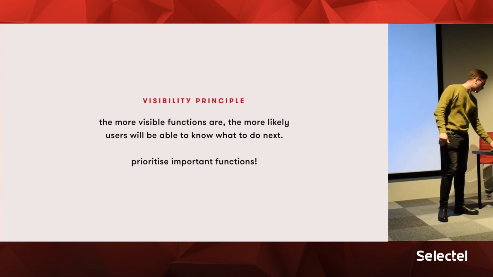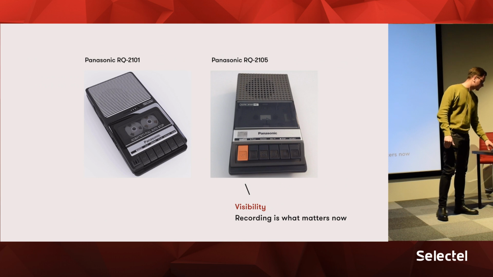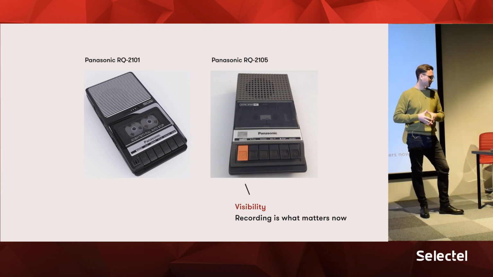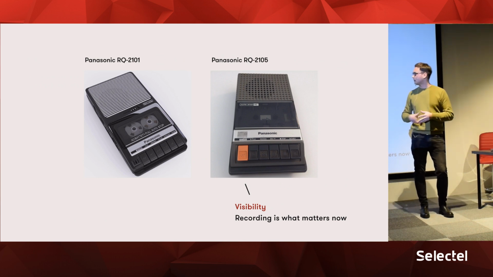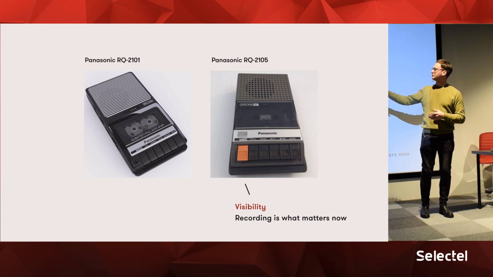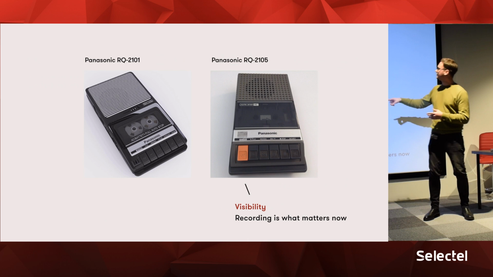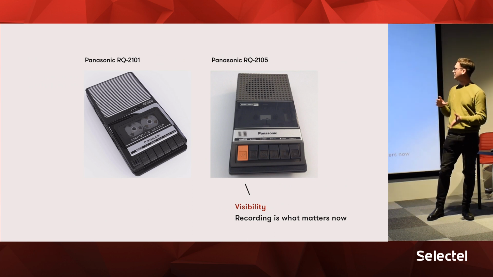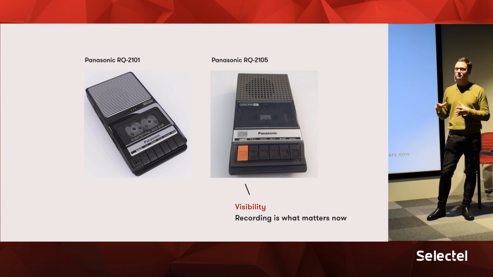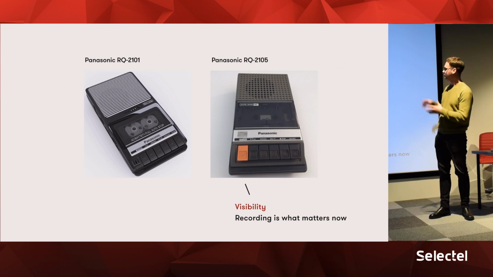Let's see an example. This is a retro Panasonic tape recorder. The version on the left is the older version, I presume, and this is the more modern one. I guess the design is still different, but here the visibility principle is applied with the recording button.